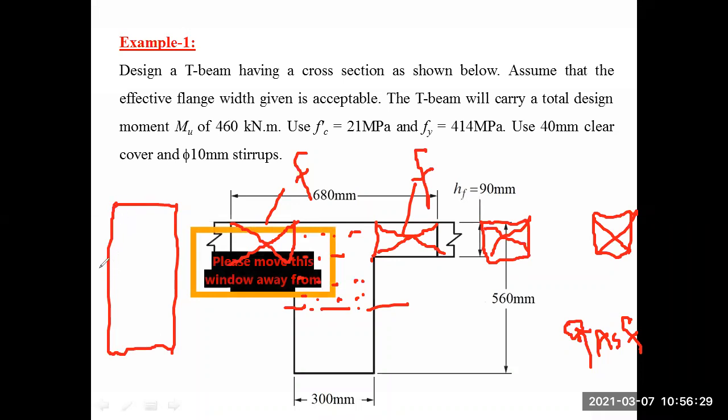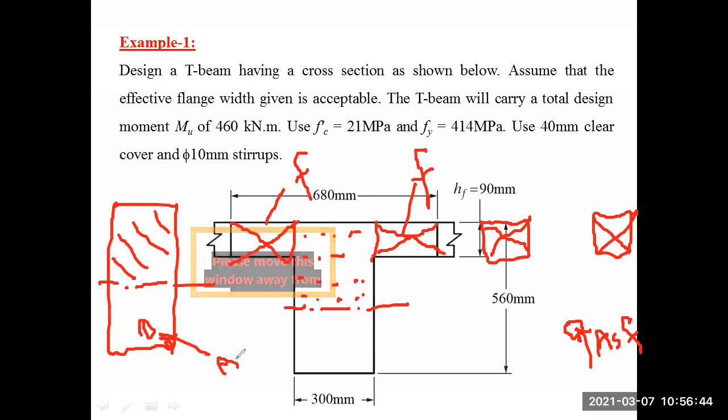You have this dotted line, and this is the depth for this web. So you get AS, and you design it based on AS sub W. Would we get the same result as the previous one? Yes, you have to get the same result.